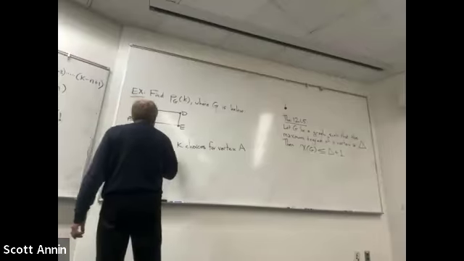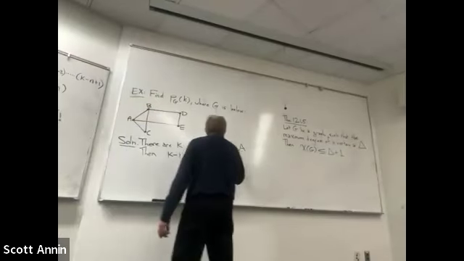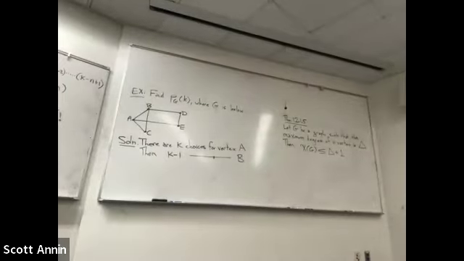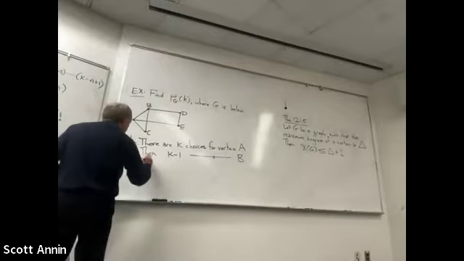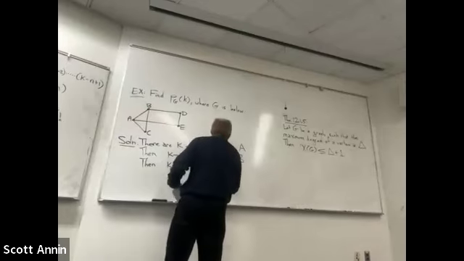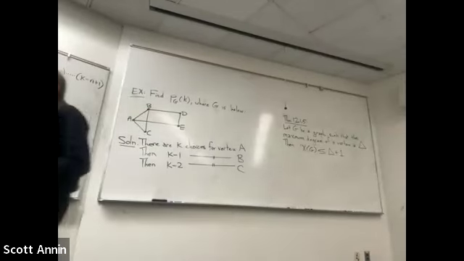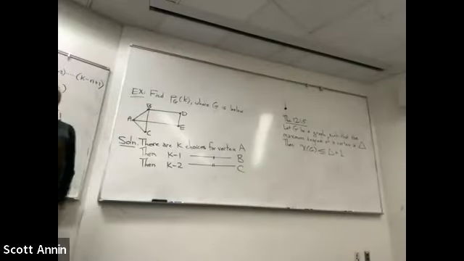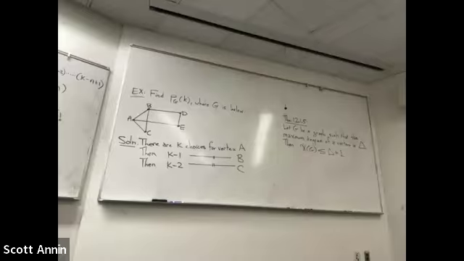Then there would be K minus 1 choices for vertex B. And then there are K minus 2 choices for vertex C. So far, it's just K3 on the left side here, just a copy of K3.